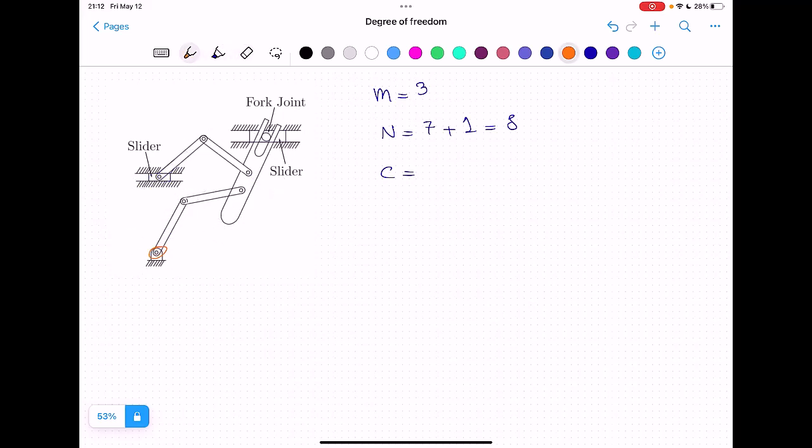Here we have 1, 2, 3, 4, 5, 6. We have 6 revolute joints. Then we have 2 prismatic joints. Then at the end we have 1 fork joint.